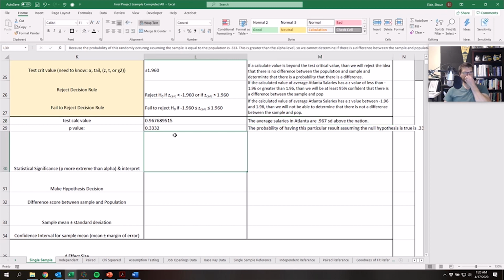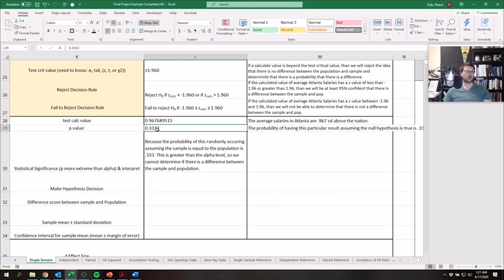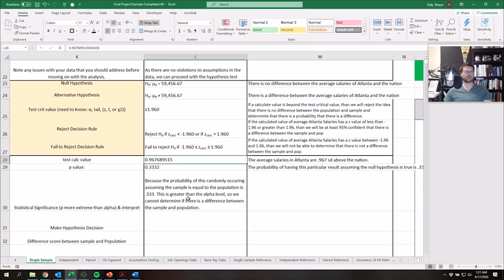There we go. Statistical significance. What should we say about this? Because the probability of this randomly occurring, assuming the sample is equal to the population, is 0.333. This is greater than the alpha, so we cannot determine if there is a difference between the sample and the population. There are two ways to test this. You can either compare the alpha level to the p-value, or you can compare the test calc value to the test critical value.